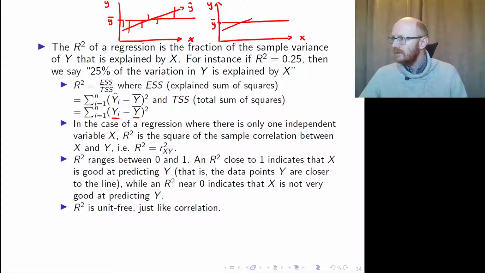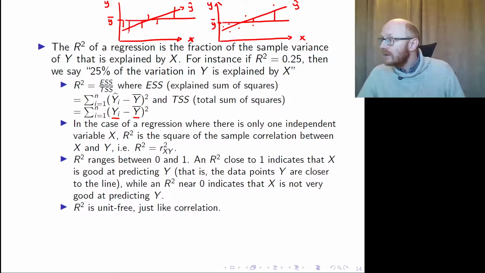Let's try to keep them as similar as possible, because you have the data points, and you go from the fitted line down to the average line. Oh, sorry, that was wrong. So you have these differences.